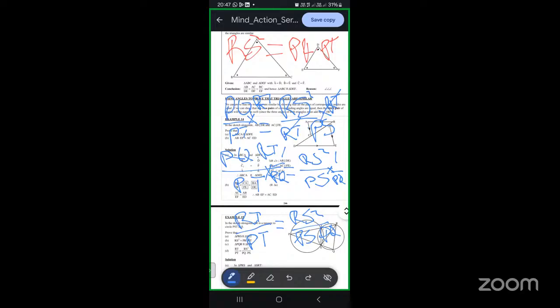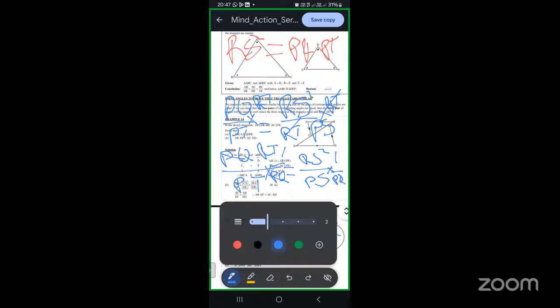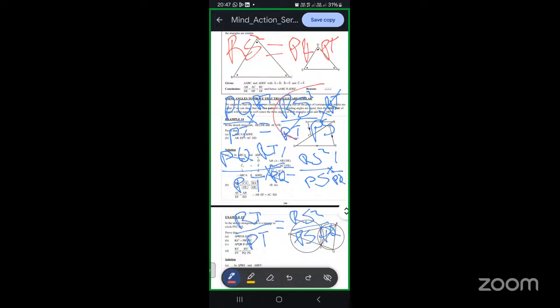Are you talking about this part here? Yes, since we multiplied by RT and it cancels out the RT, wouldn't we be left with RS over PS instead of RS squared? Oh, okay. Wait, let me do this.